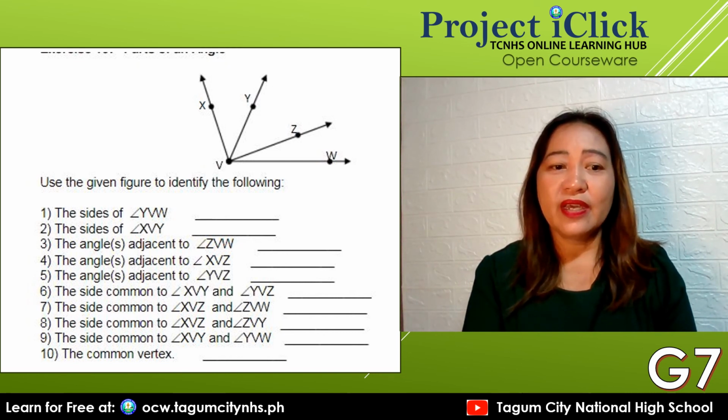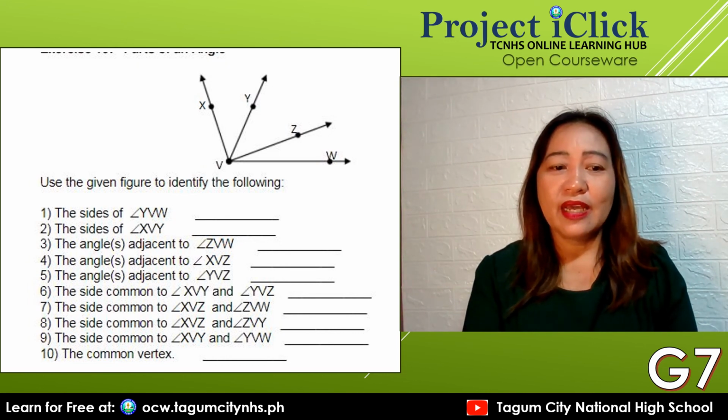Number 5, identify the angle or angles adjacent to angle YVZ. Number 6, identify the side common to angle XVY and angle YVZ. Number 7, identify the side common to angle XVZ and angle ZVW.